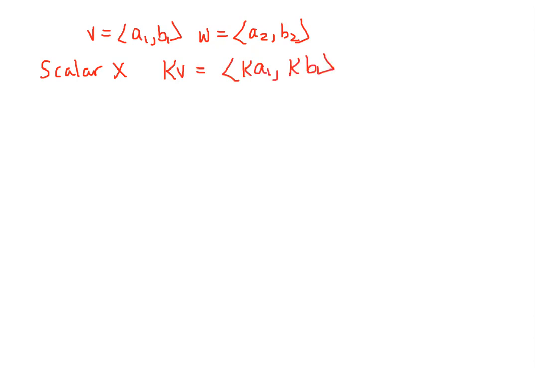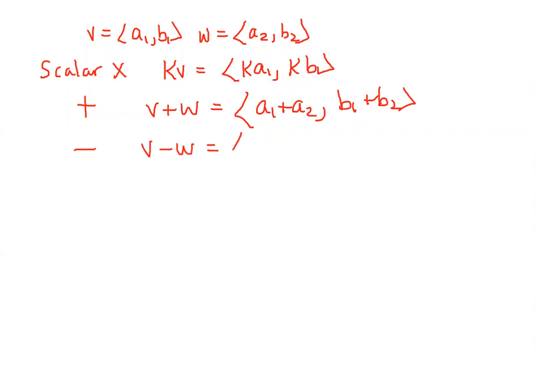Pretty simple. Addition of v plus w, it's just going to be a1 plus a2, b1 plus b2. And subtraction is what you think it would be, and it's going to be a1 minus a2 and b1 minus b2.